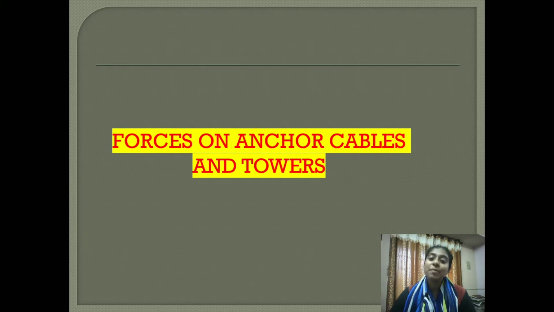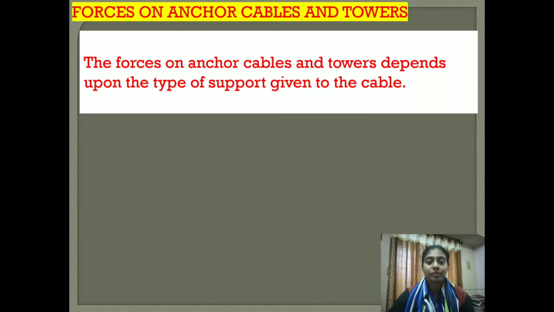So in the first part we saw that cables are used to join the two supports and also they are used as anchor cables. So now we will see what will be the force on the anchor cables. So the forces on anchor cables and towers depend upon the type of support given to the cable.